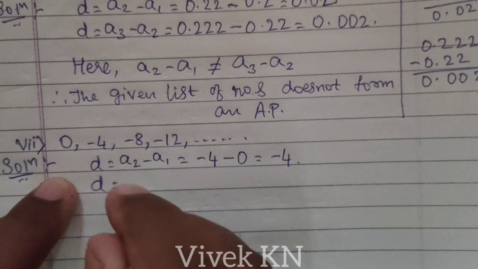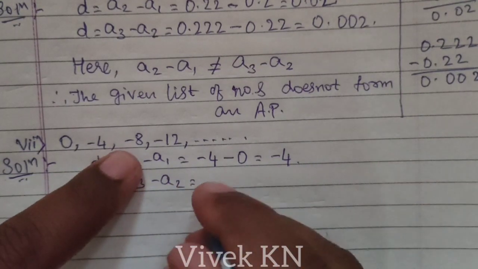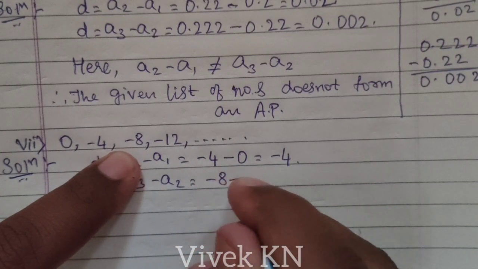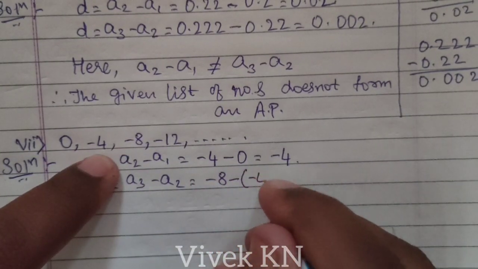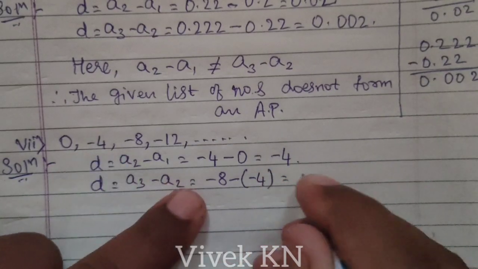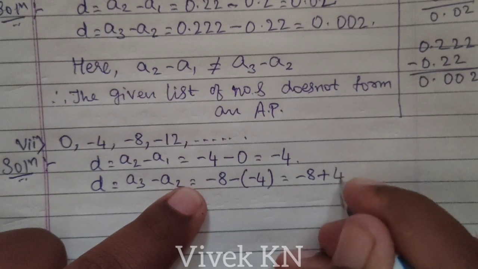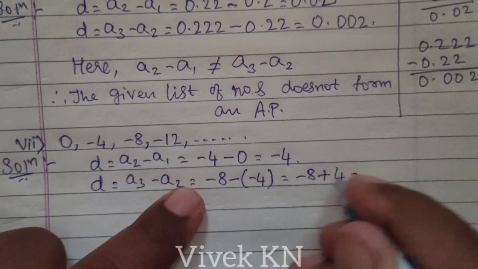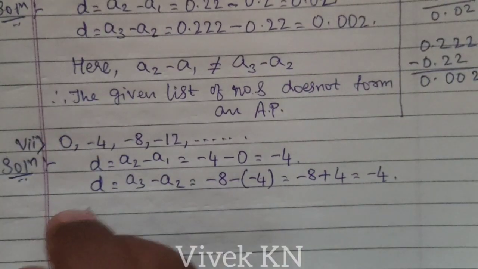Next a3 minus a2, here the third term is minus 8 minus second term is minus 4, that is equal to minus 8 plus 4. Subtracting these two terms we get minus 4 as the answer.